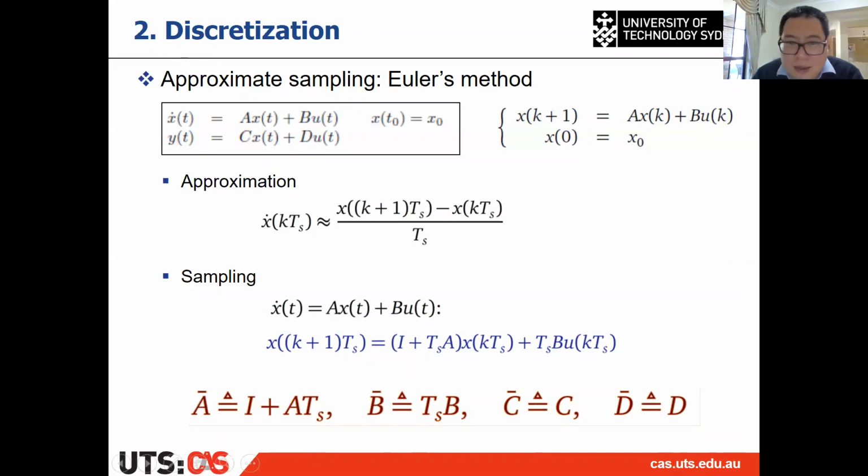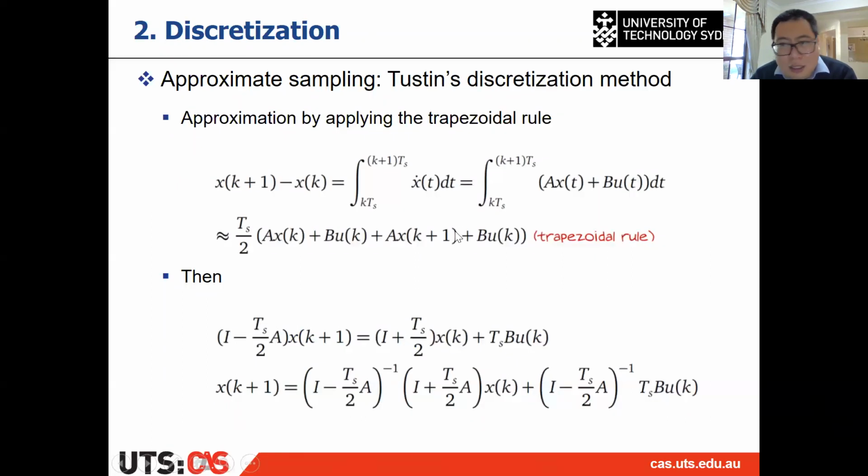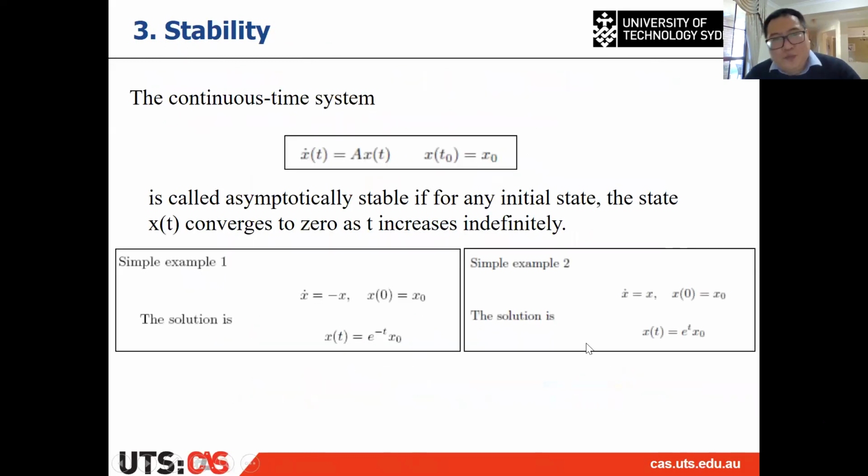It is because, as I mentioned, it's an approximation. If you want to convert a smooth continuous time system into a discrete time system, there must be an approximation. And for different methods, for Euler's method and for Tustin's method, the approximations are different. So that's why the resulting discrete time systems are different. All right, so that is the discretization.